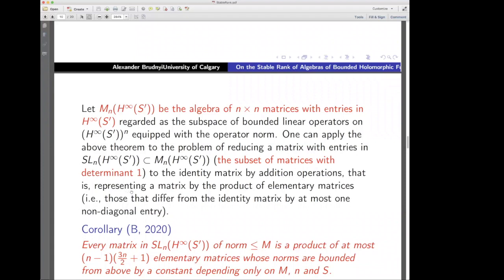That is, representing a matrix as a product of elementary matrices. An elementary matrix is a matrix which differs from the identity matrix by at most one non-diagonal entry. Okay? So it's kind of a Gaussian elimination process. The only thing is that we cannot multiply one row by a constant and add it to another row. We can only use addition operations.